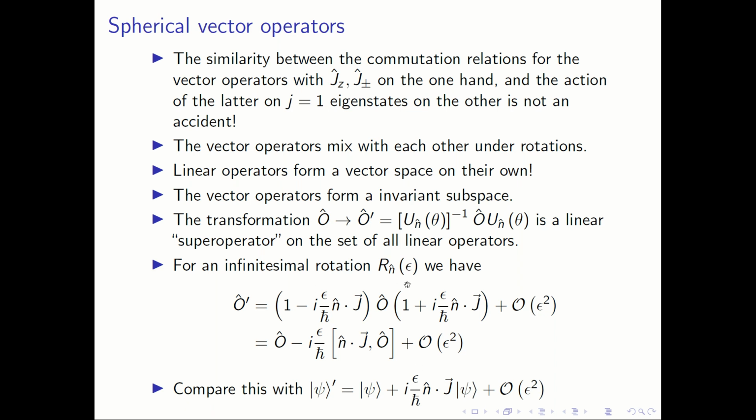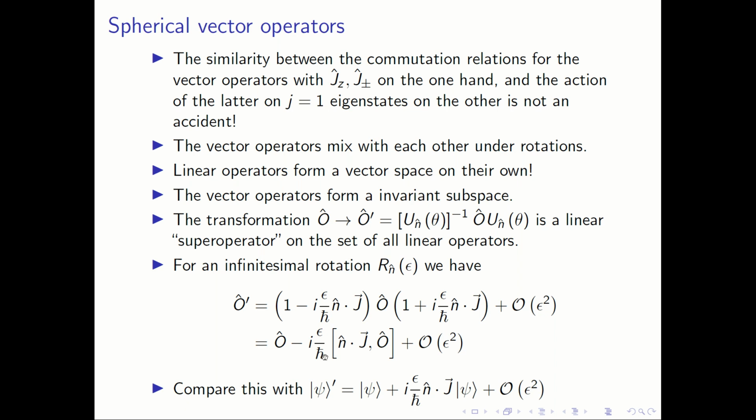the result of what happens when you rotate your coordinate system in the picture where kets change is very similar to what happens to operators in the picture where operators change. In one, the ket changes by a piece which is essentially n hat dot J, the angular momentum operator component in that direction acting on the state psi.